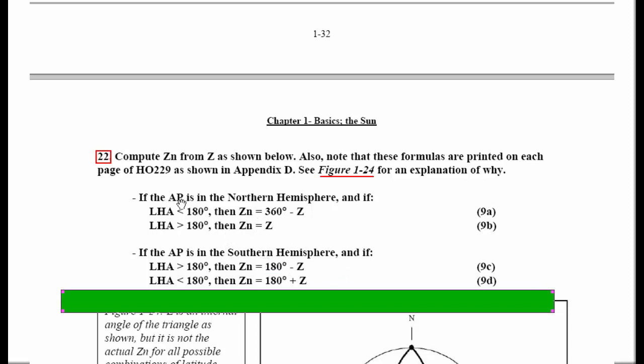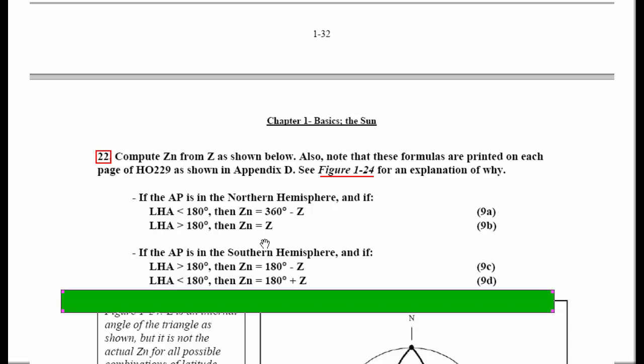If the AP, the assumed position, is in the northern hemisphere, and if LHA is less than 180, then Zn equals 360 minus Z. If LHA is greater than 180, then Zn equals Z.